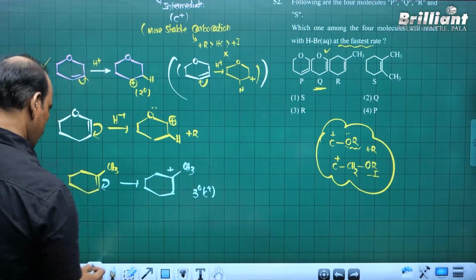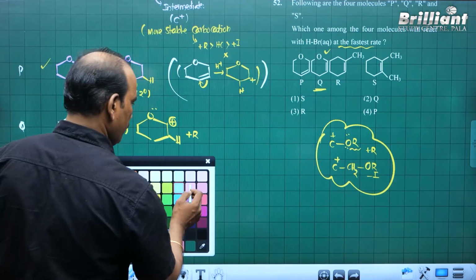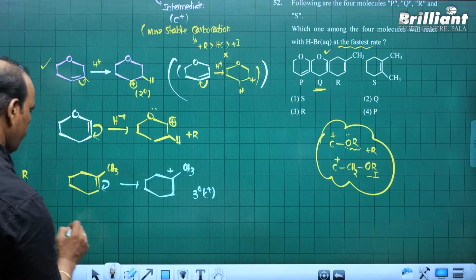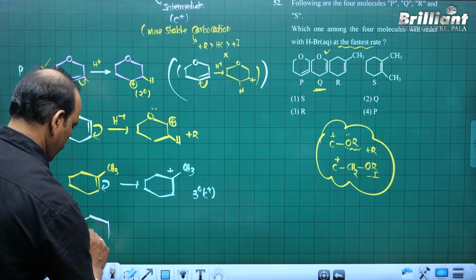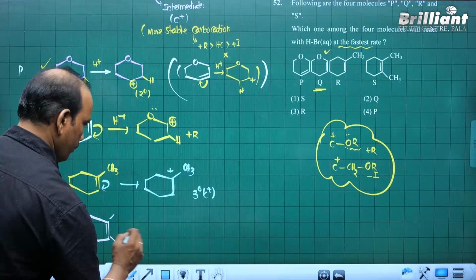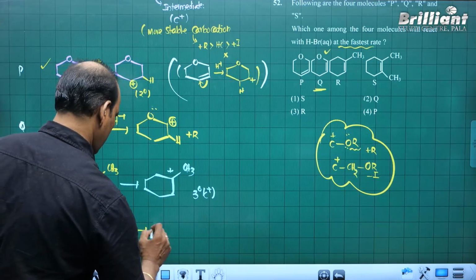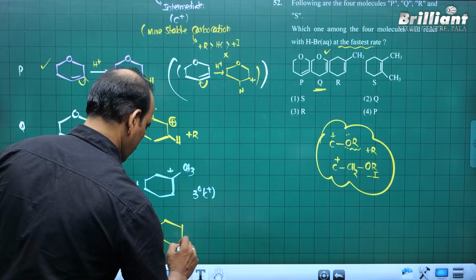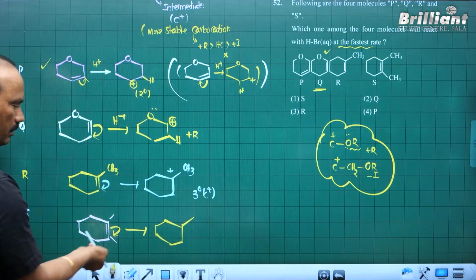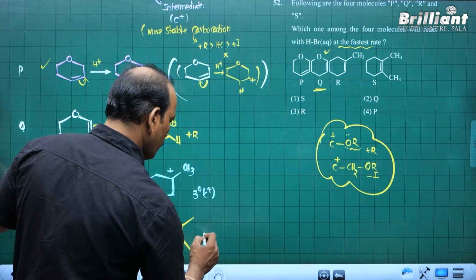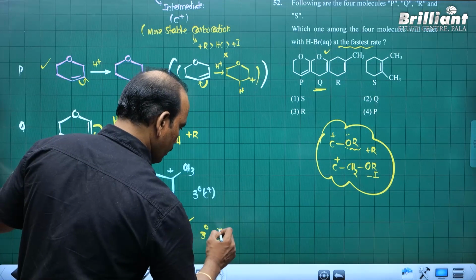Next one is, what is that? Yes. Either this side or this side, equal priority, here plus. So this is also a 3 degree carbocation.